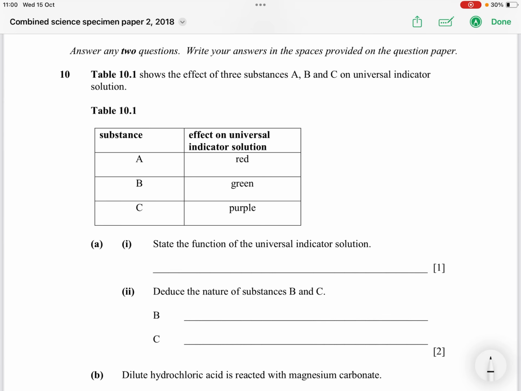It is used to measure the pH value in a solution, and then deduce the nature of substances B and C.